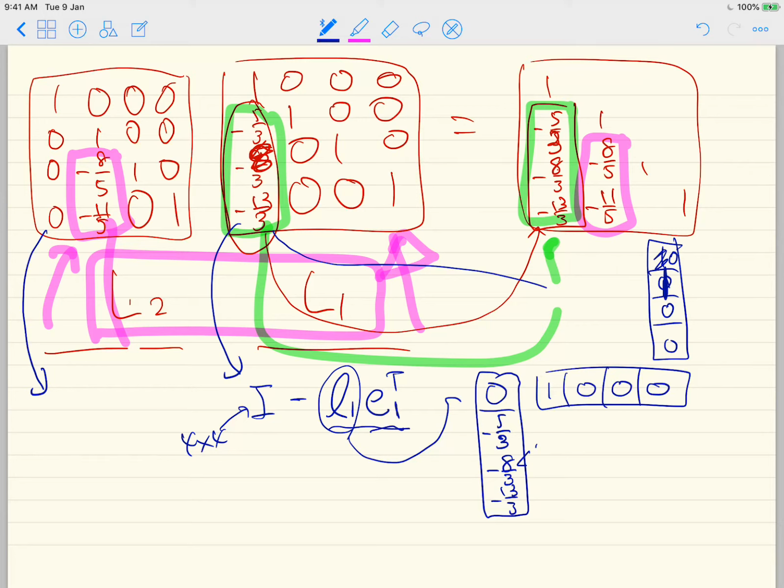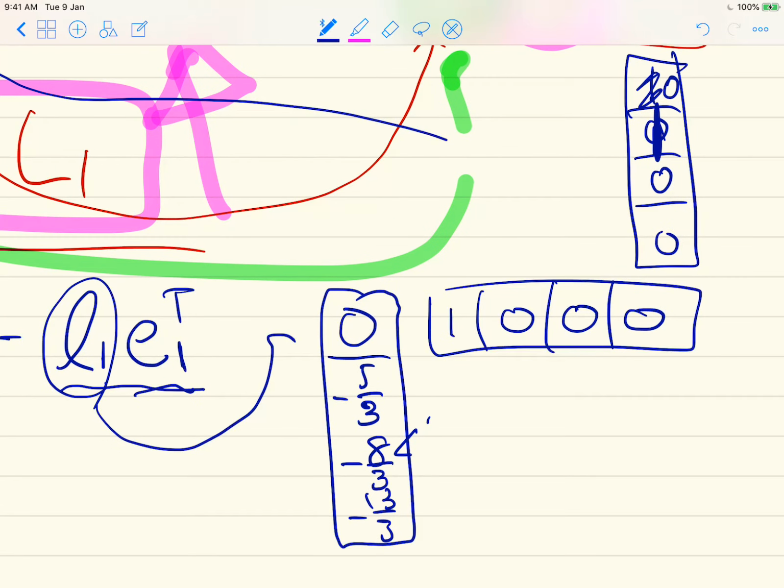In this case, the resulting matrix is placing this column vector in the place of the first column of the entire matrix, and then the second, third, and fourth columns will have just a 0 column. So this outer product multiplied with this unit vector is like putting this column in the first column.